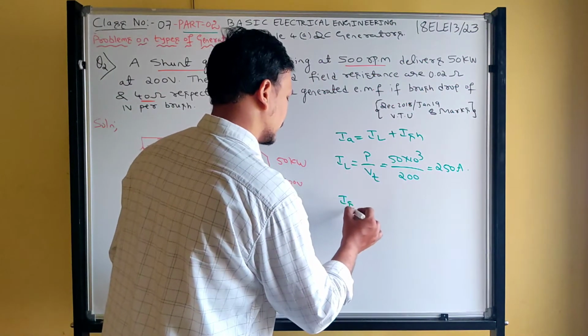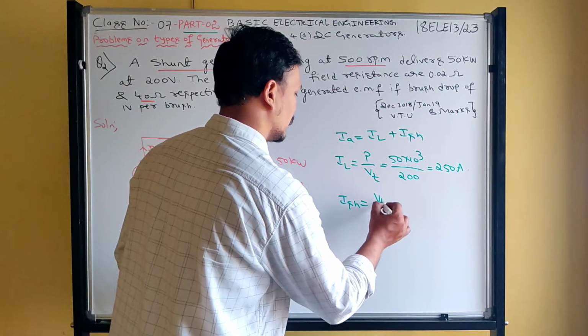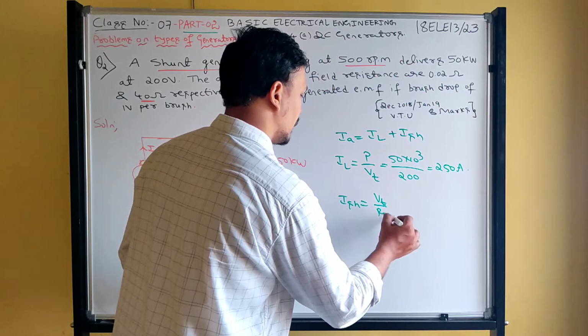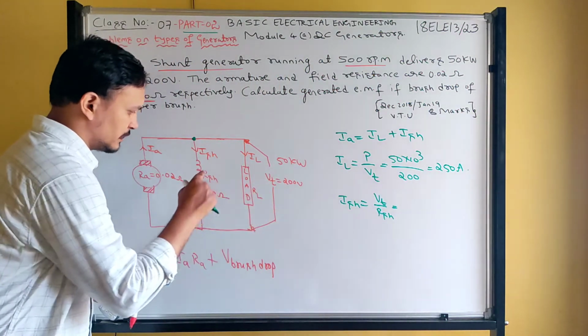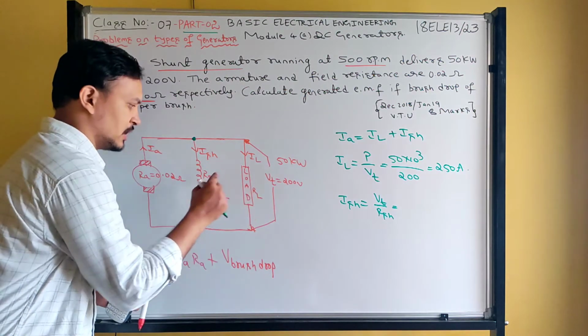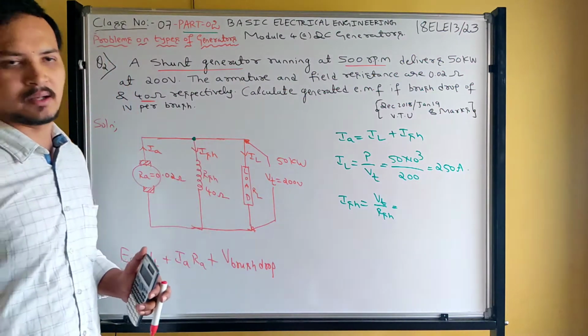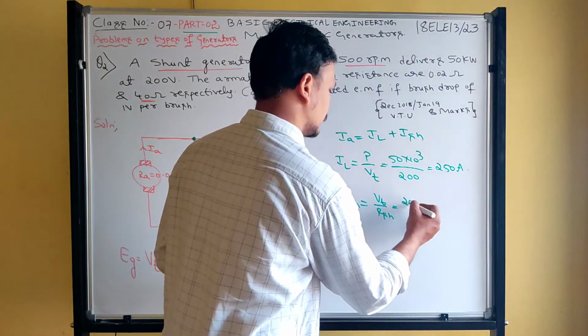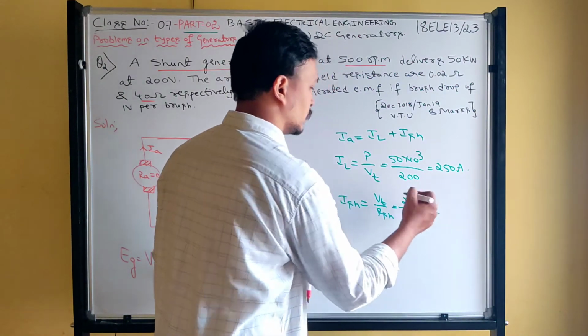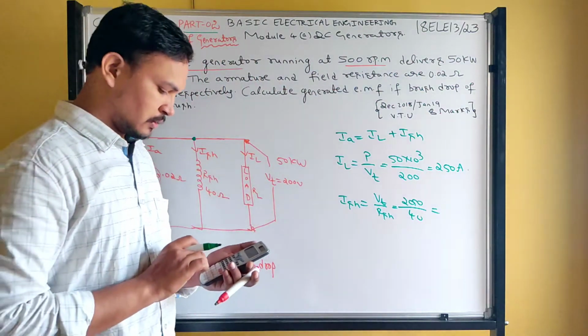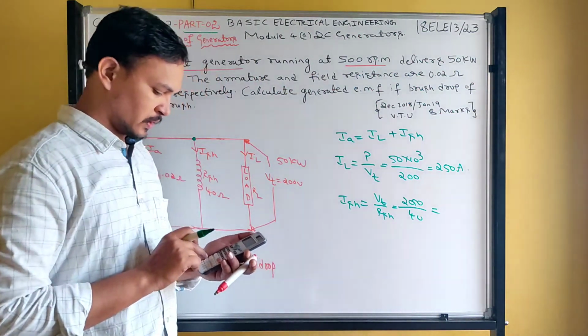Now the shunt field current ISH is equal to Vt by RSH, the voltage divided by the shunt field resistance. From this voltage and resistance, we can find the current. What is Vt? 200. And what is RSH? 40. So 200 by 40, how much will you get? 5 ampere or 4 ampere?